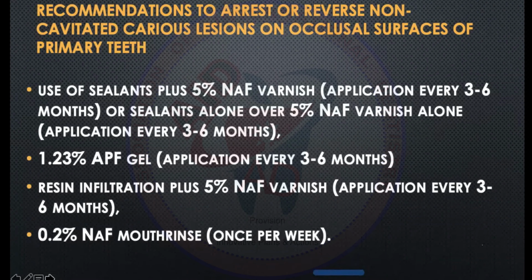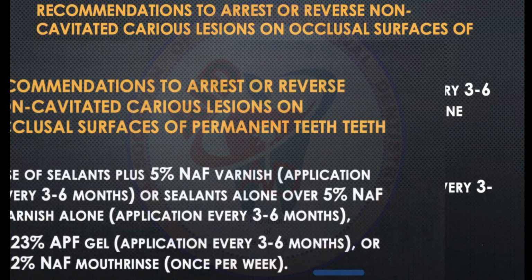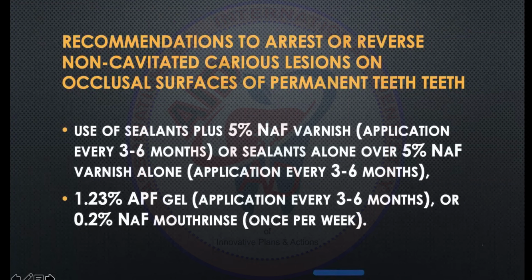I will share with you what resin infiltrate is. But every 3 to 6 months we have to use fluoride varnish or APF gel if we want to arrest or reverse the non-cavitated lesions. That's for the primary teeth. And then once a week, under the supervision of parents, you can advise 0.2% sodium fluoride, but this is not recommended for very young children because of fear of toxicity.